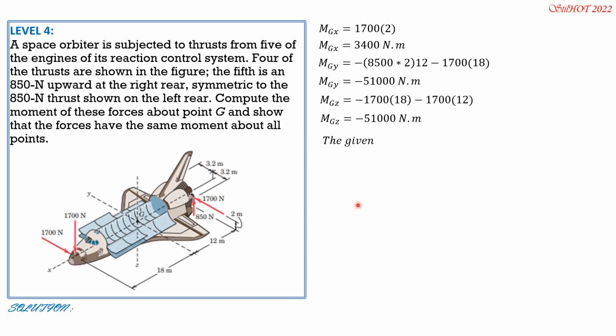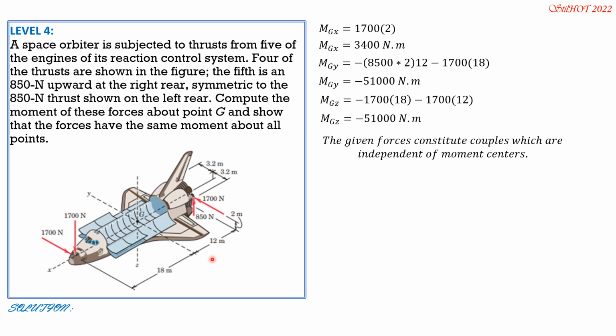In vector form, the given forces, by the way, constitute couples. Do you notice that they are couples? 1700 downward, 1700 upward, 850 times 2, that's a couple. Another couple is 1700 right, 1700 left.